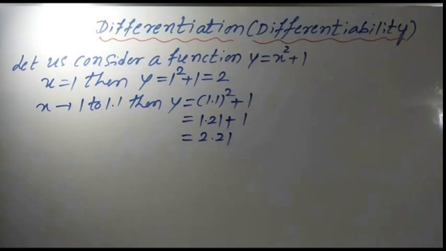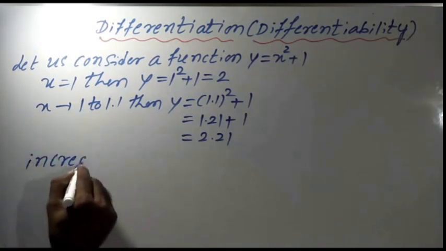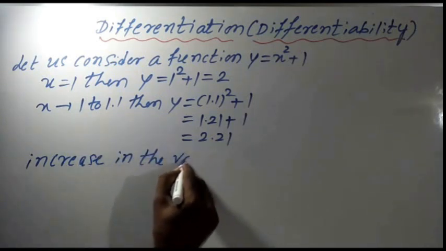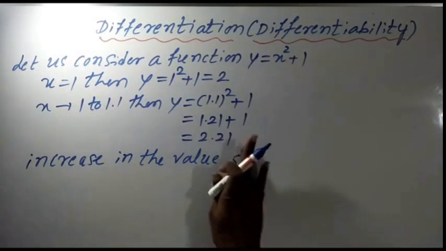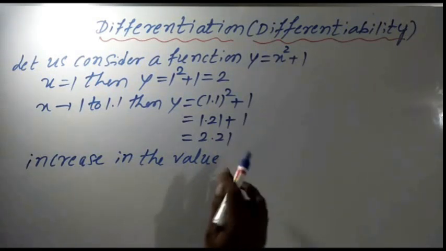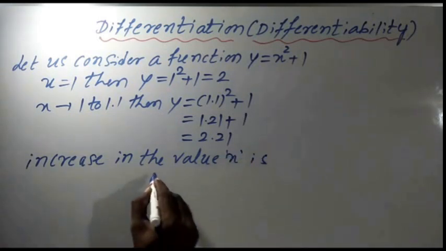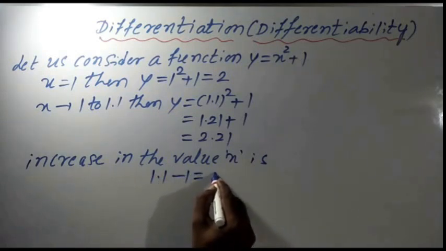Here the increase in the value of x is 1.1 minus 1 is equal to 0.1.